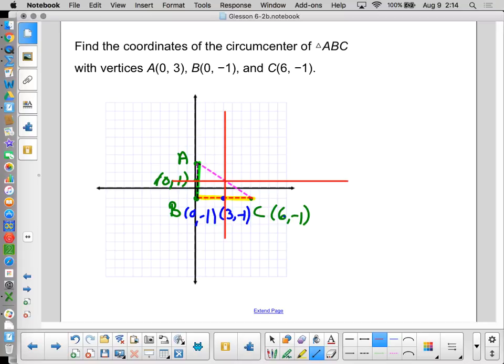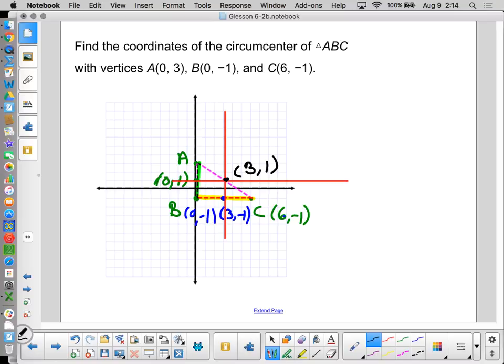Right there. Where are those two lines intersecting? Very clearly at the point (3, 1). Which, by the way, is the midpoint of AC. Luckily enough for us. That is the circumcenter of that triangle.